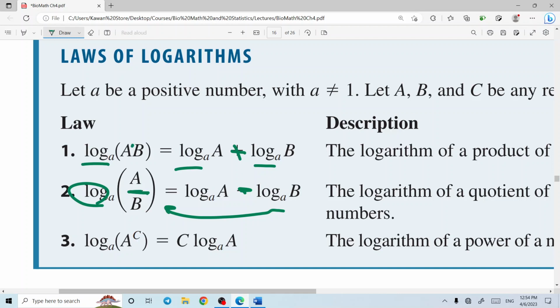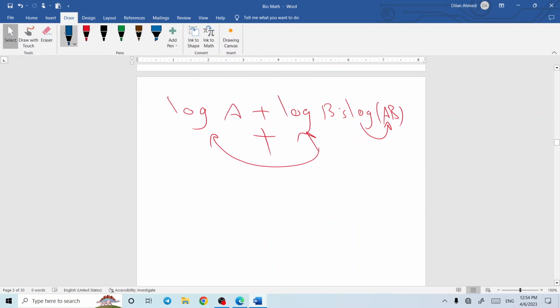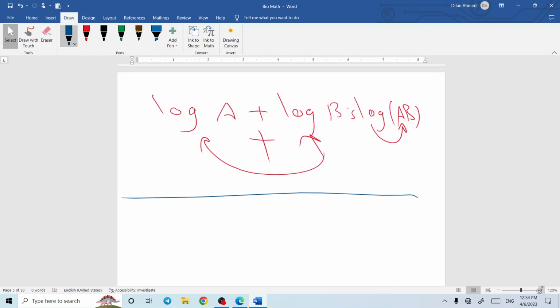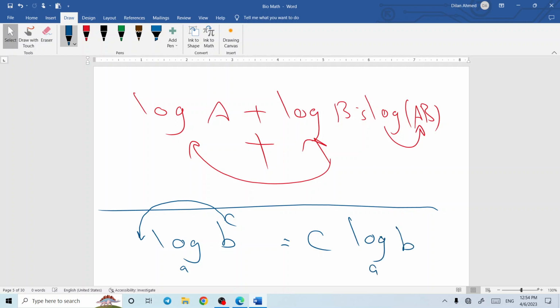The third property, the same thing is true for ln. The third property, we have what? This is very important. Actually, you are going to use it later, especially in 4.5, which we needed. We have ln or log with any base of B to the power C. That power will come down, and I will get C times the log of B with any base, 10 or ln.